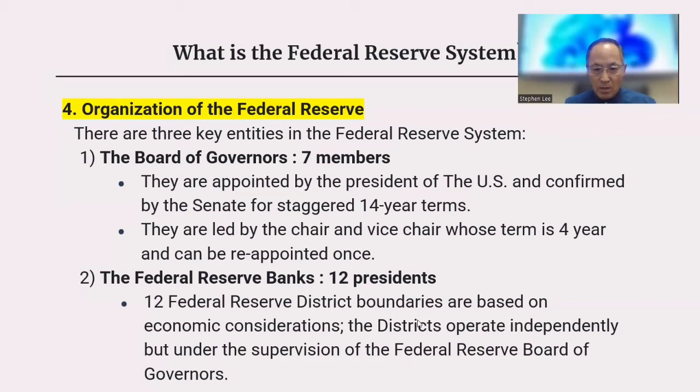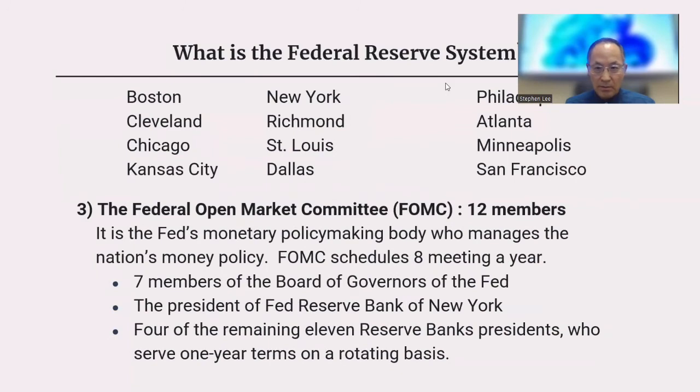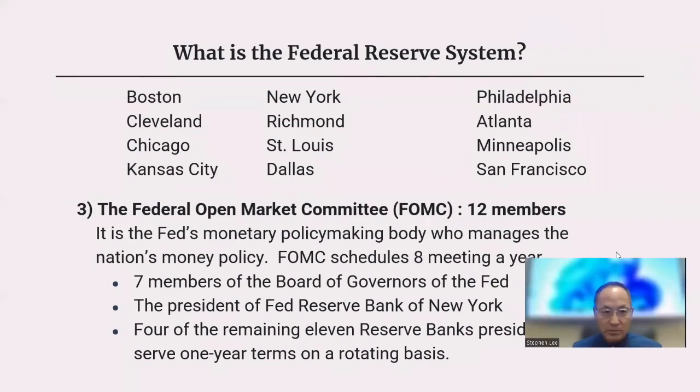Okay? So district means each central bank. Let's take a look at where they are. Here are the locations: Boston, New York, Philadelphia, Cleveland, Richmond, Atlanta, Chicago, St. Louis, Minneapolis, Kansas City, Dallas, San Francisco.